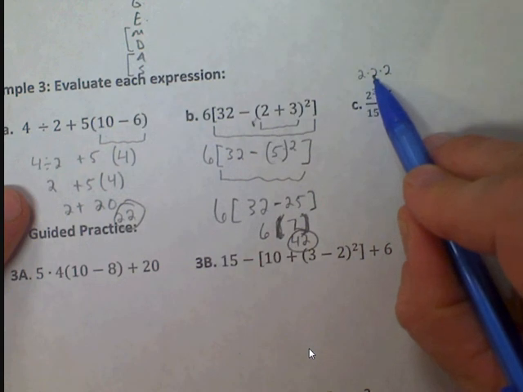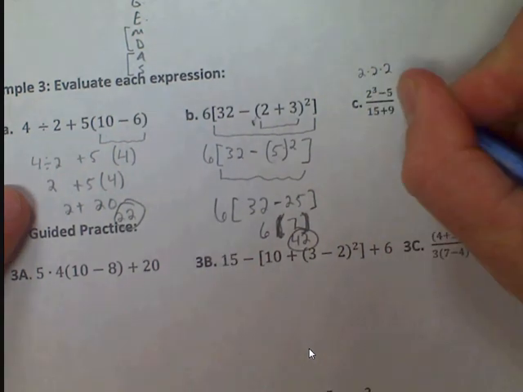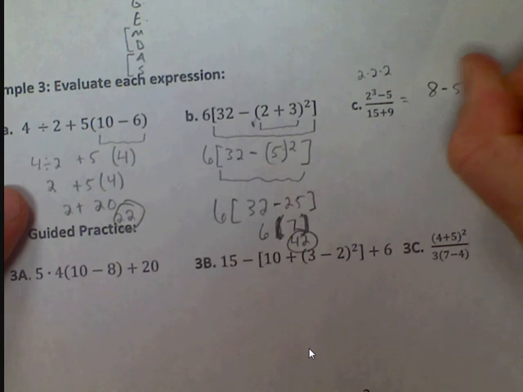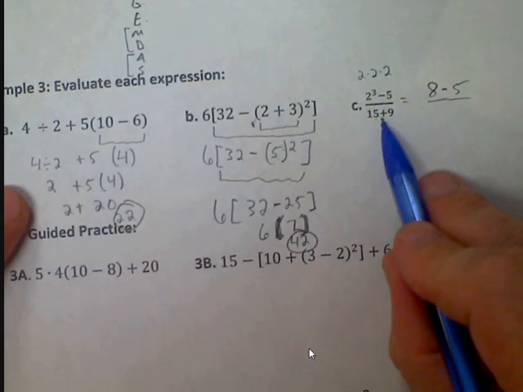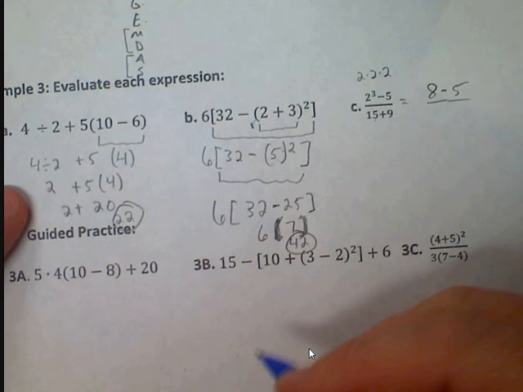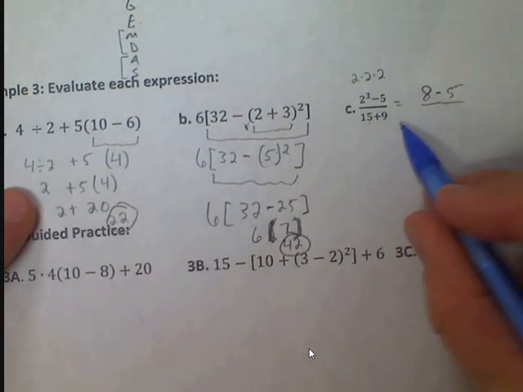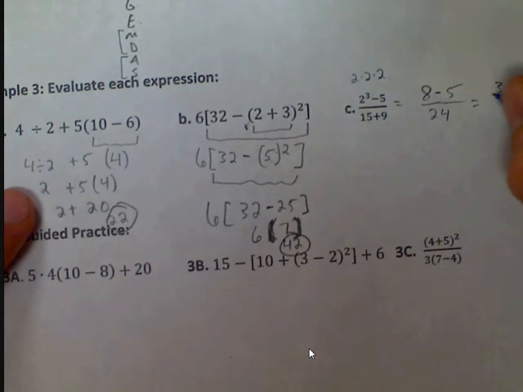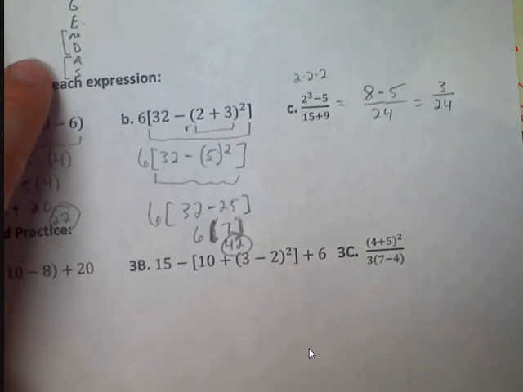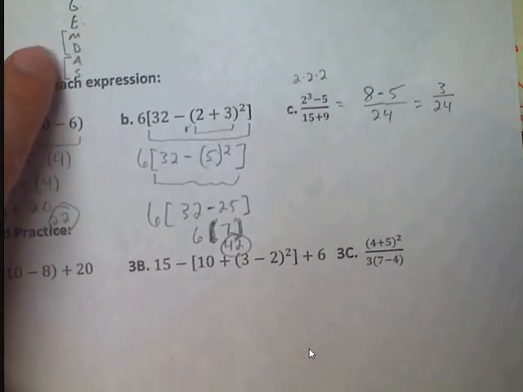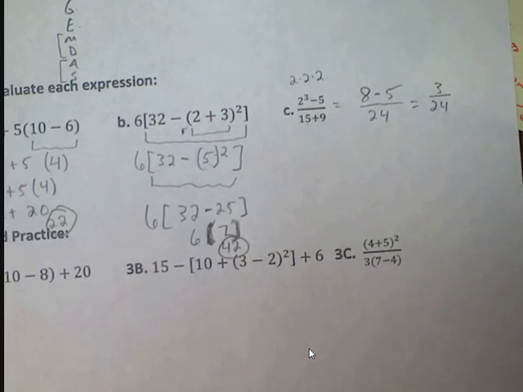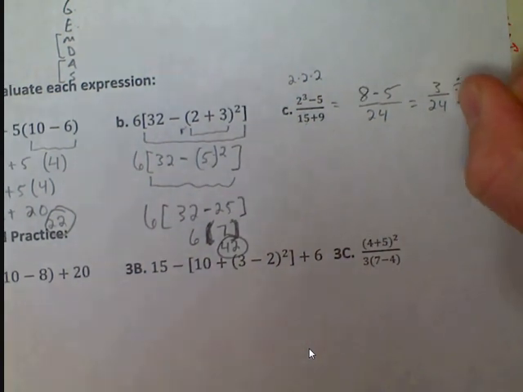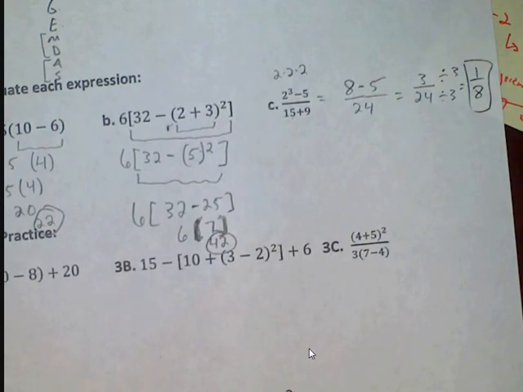So that would be 4, 8, so I would have 8 minus 5. 15 plus 9 is below, so now I can actually do below at the same time. 15 plus 9, 24. 8 minus 5, 3. 3 over 24. This is a fraction, but we can always reduce the fraction. Here we go. Divide by 3, divide by 3, 1 over 8.